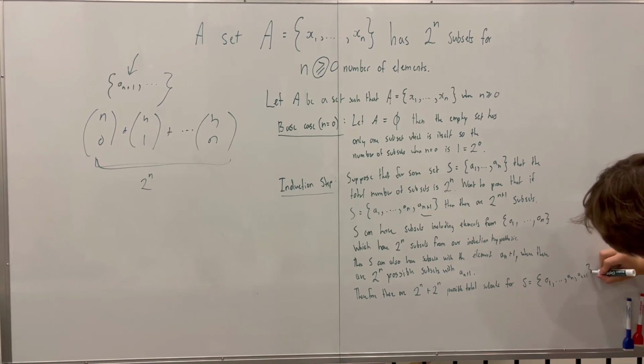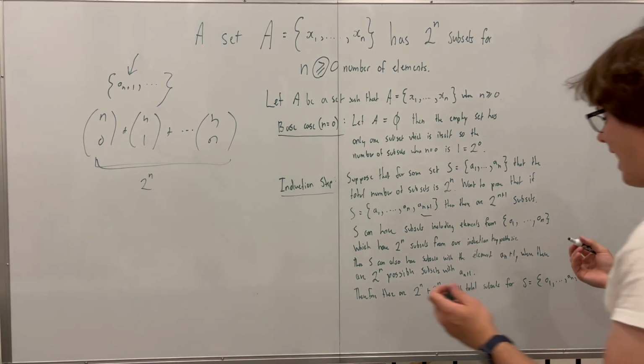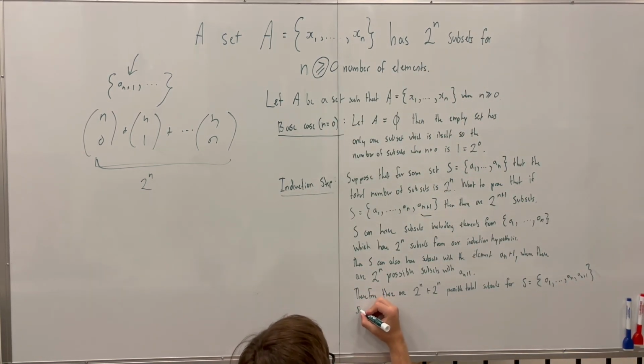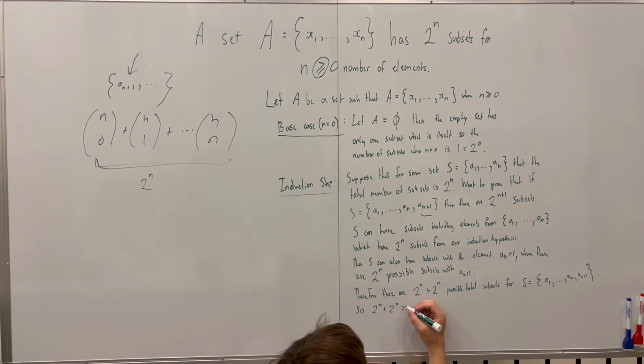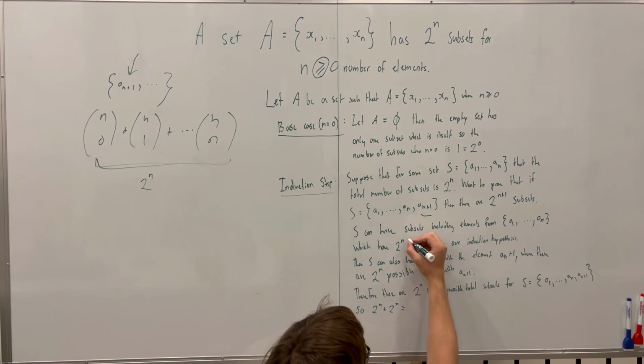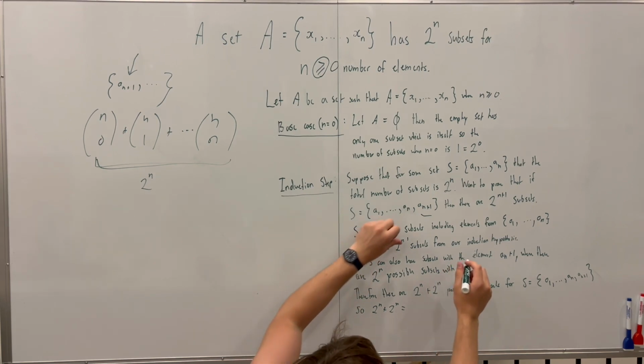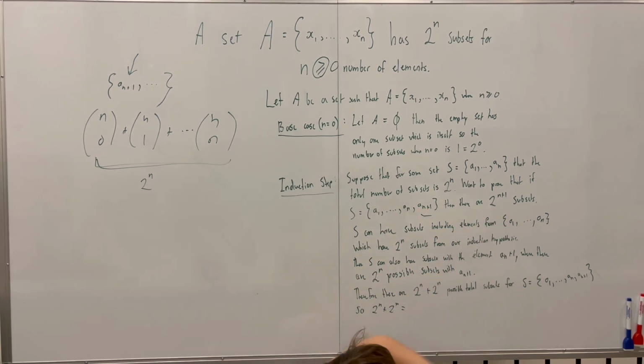Let me make sure that makes sense. And then we can say, so 2 to the power of n plus 2 to the power of n is going to equal to, oh, I misspoke up here. We want to show, oh no, I did everything right, I'm just getting lost. Yeah, we want to show that.